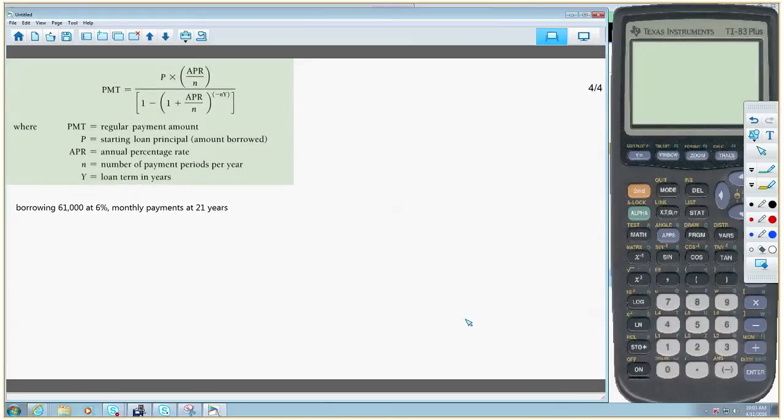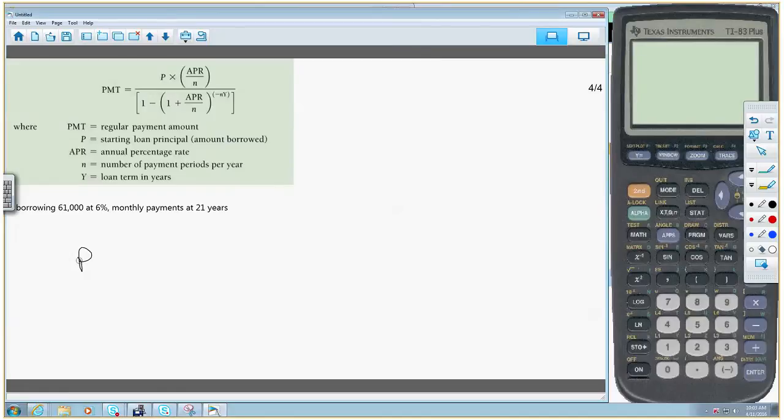All right, so take our handy dandy formula, plug everything in, and of course that's the first thing. Plug everything in because you need to see where everything goes. You got $61,000.